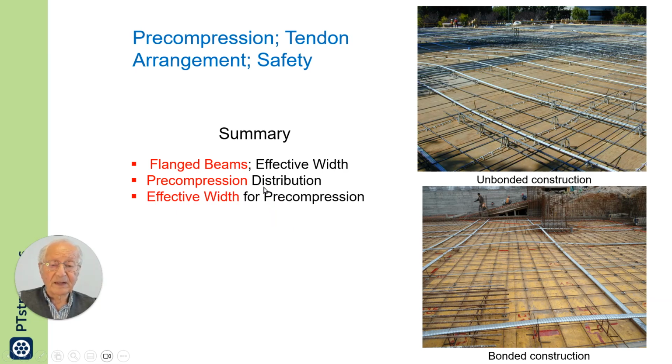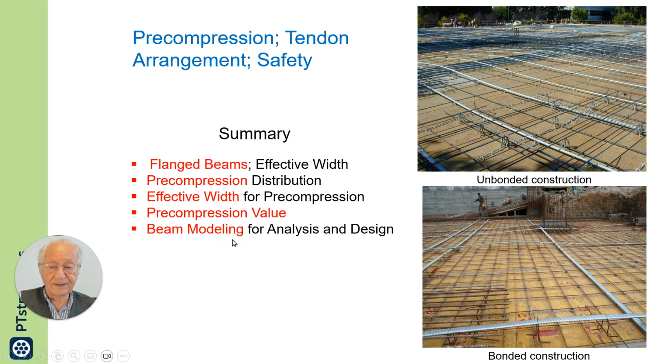Precompression, I repeat one more time, the way it is in reality and the way the code defines it. The code defines it based on intuition and practice of our former contractors, but its value is, as I showed, uniform in most instances.